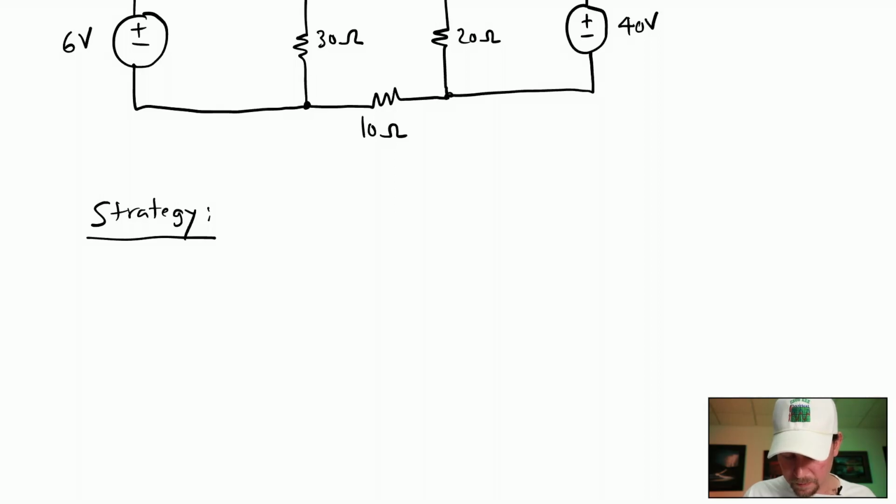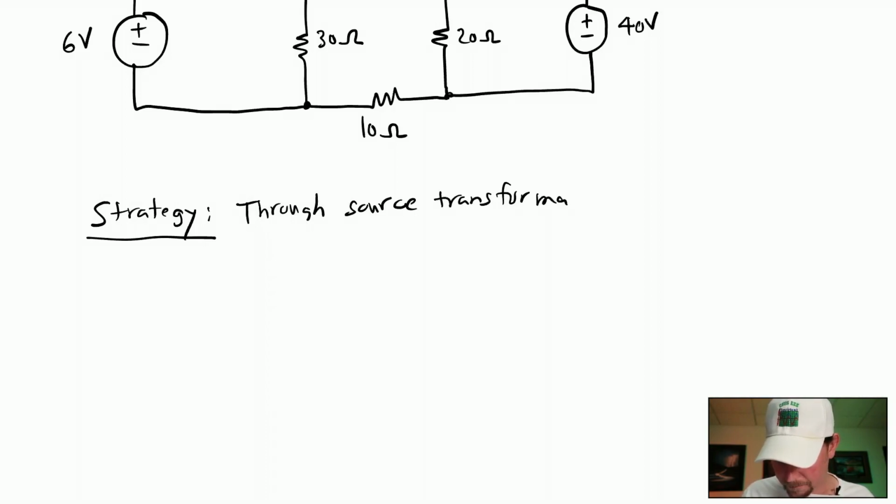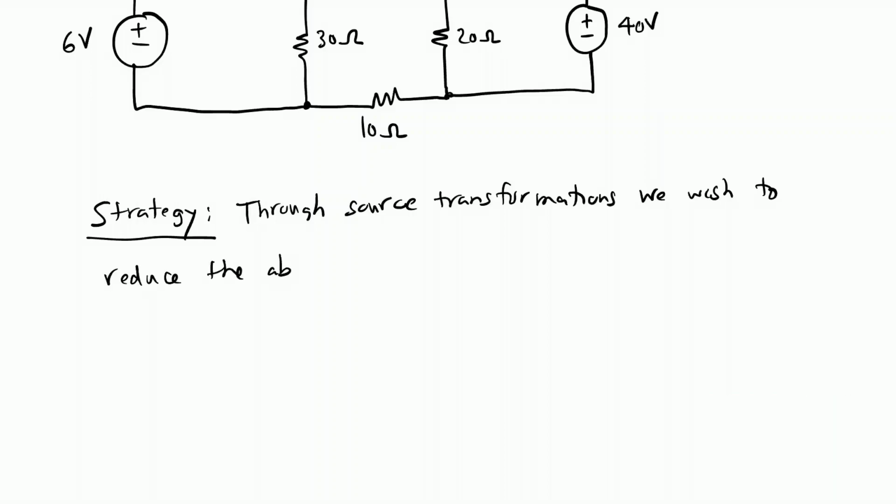So through source transformations, we wish to reduce the above circuit to one that looks like this.